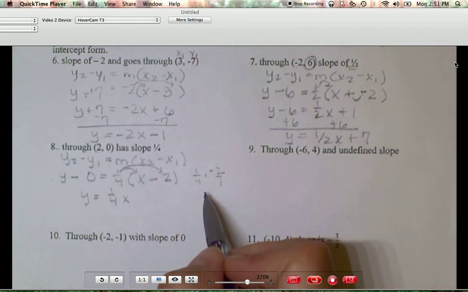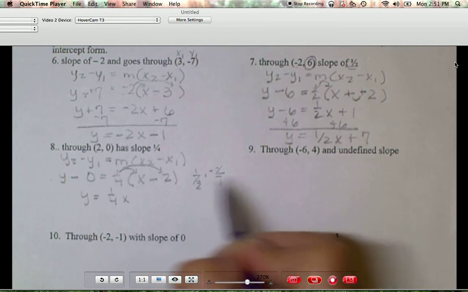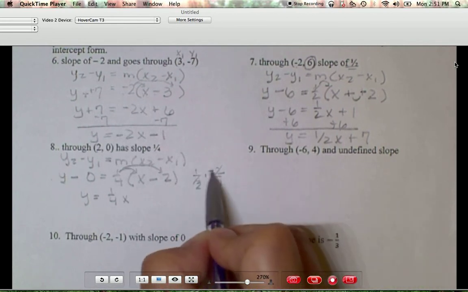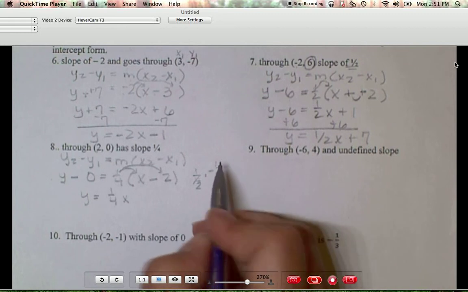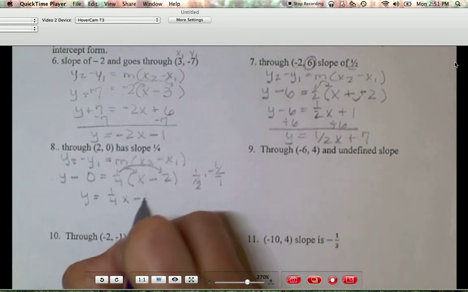We can cross reduce here, so 2 goes into 4 twice. And so 1 times this negative 1 that's left over would give us negative 1 on the top, and 2 times 1 would give us 2, so minus 1/2.